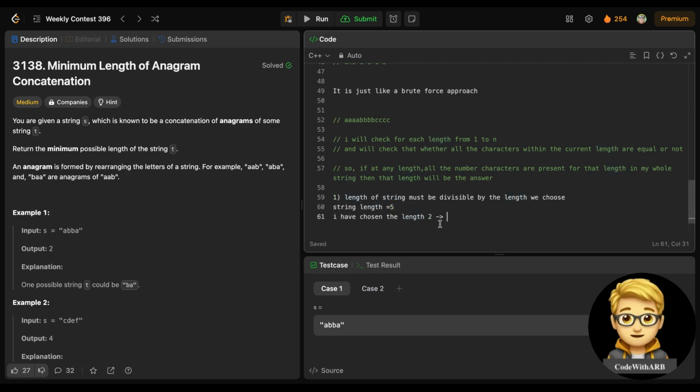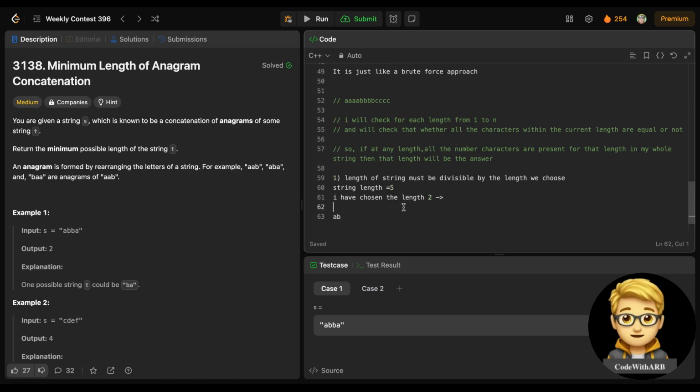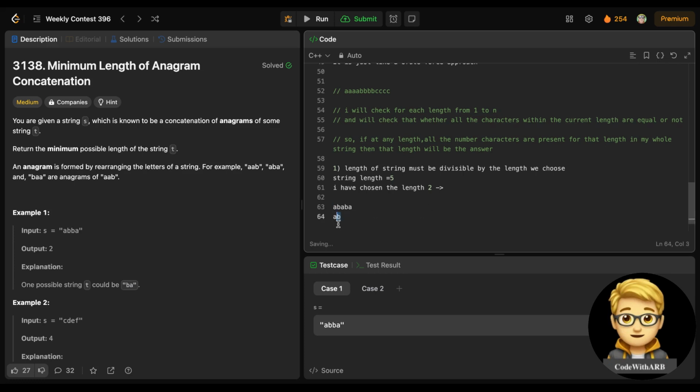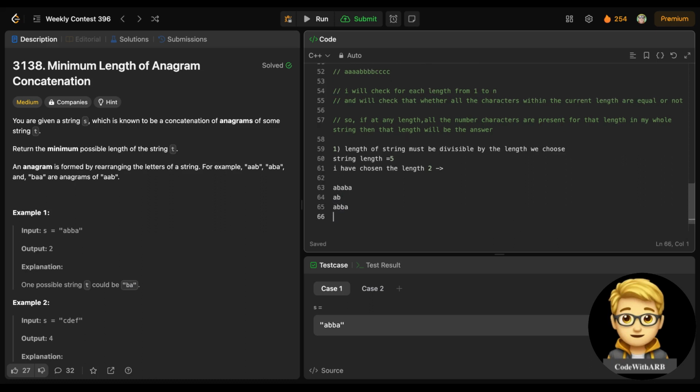Suppose I have a string like ab, and the string is a b c b a. This can never be divisible by this ab, because after the concatenations this can become ab ab, ba ab ab. So this will be multiples of 2 only, right? It can't be 5.